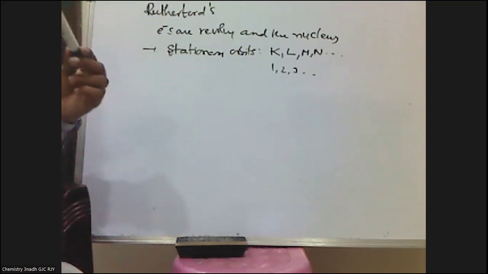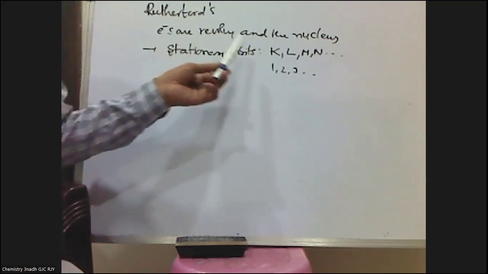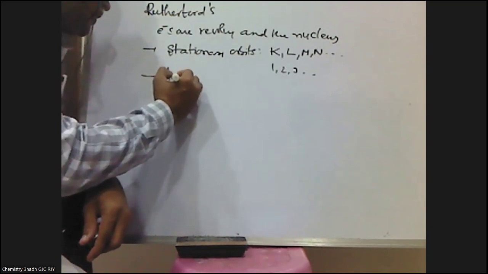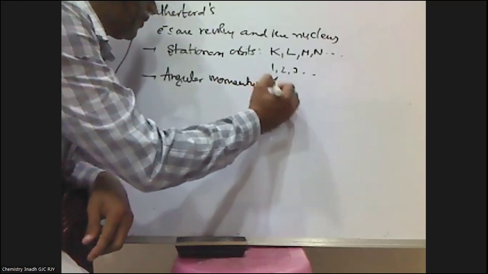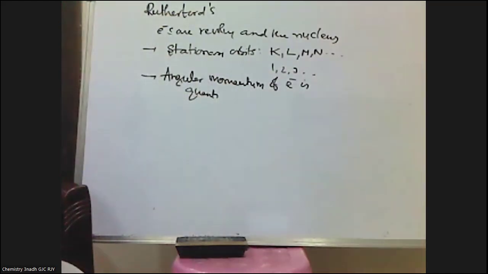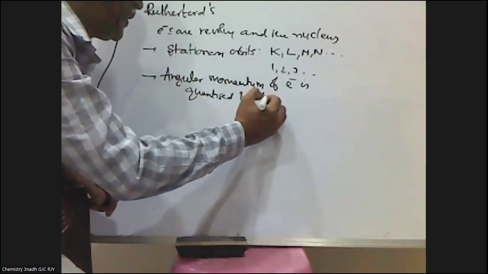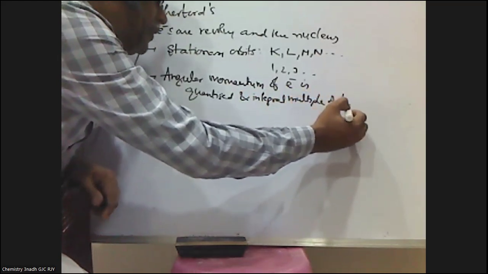The energy of the orbit does not change with time. That's why these are called stationary orbits. And the angular momentum of the electron is quantized. It is an integral multiple of h by 2 pi.